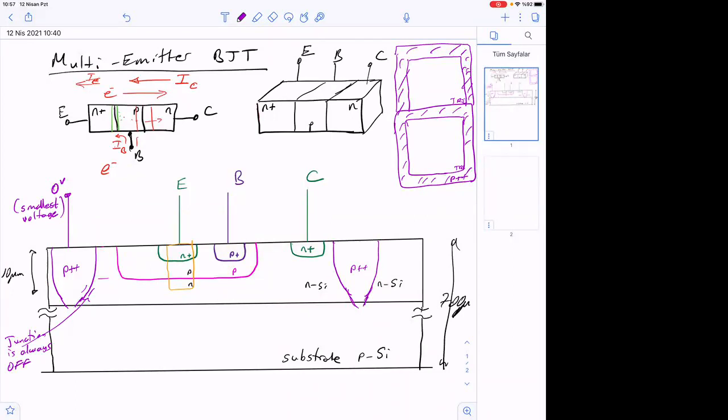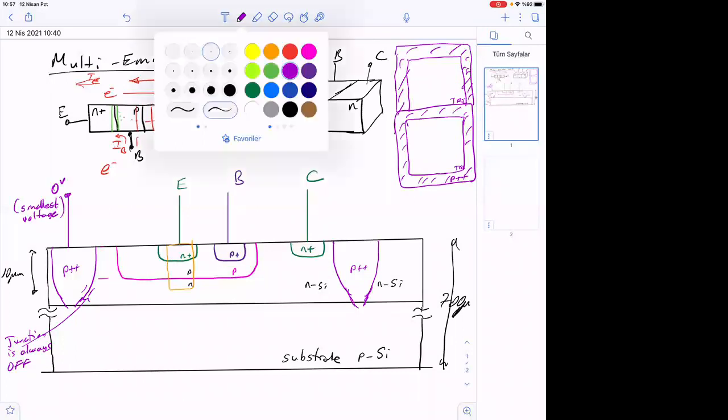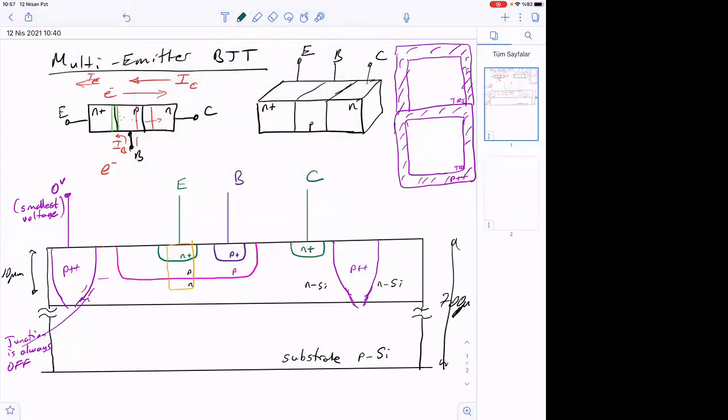Yes. Okay. So the main point here is that the device, in fact, is formed vertically, in this device setting here. This one is collector, this one is base, and this one is emitter.